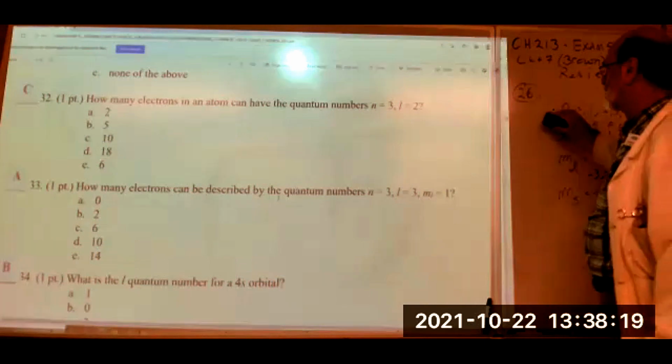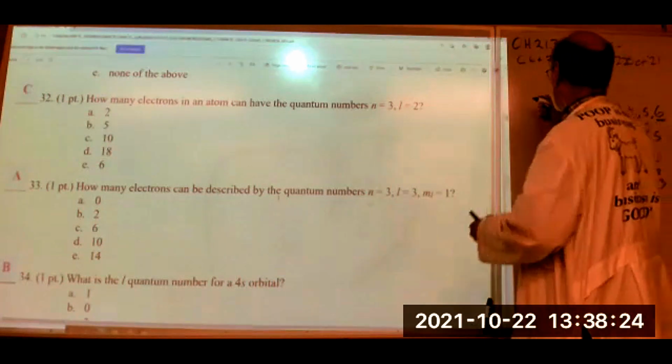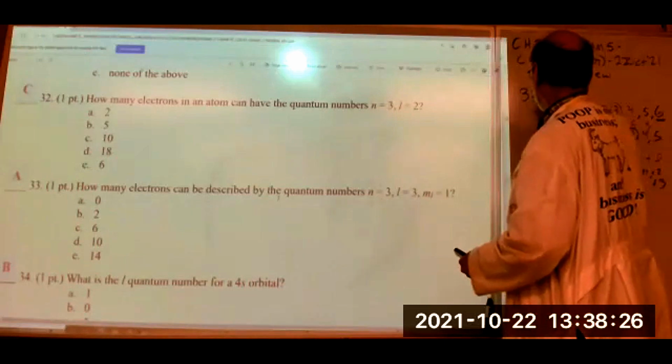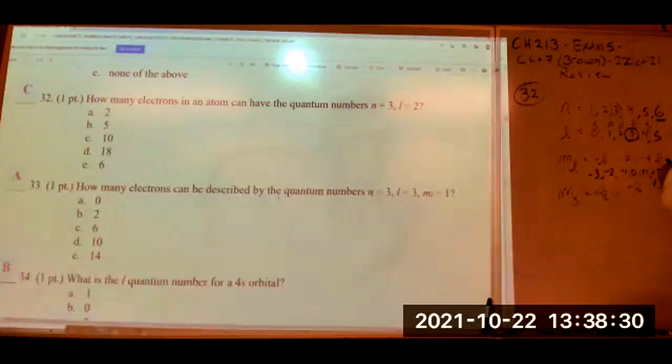This is 32. Okay, how many electrons in an atom can have the quantum numbers n equals 3, L equals 2?